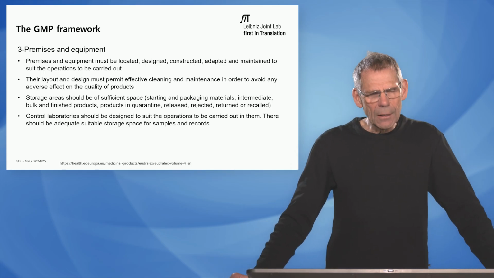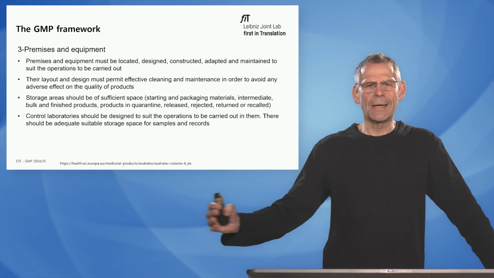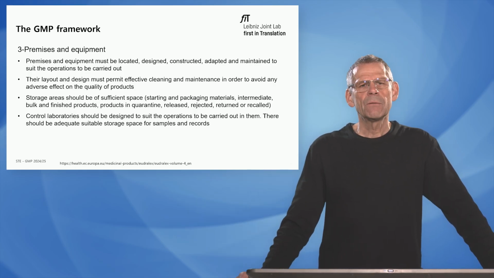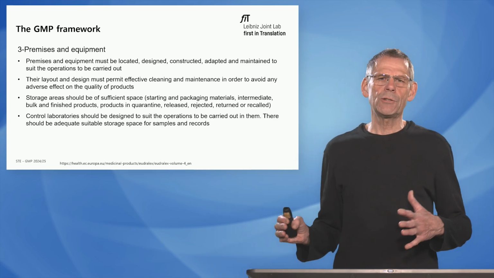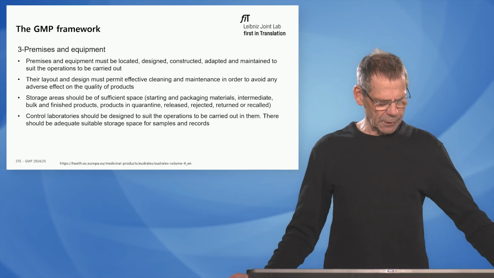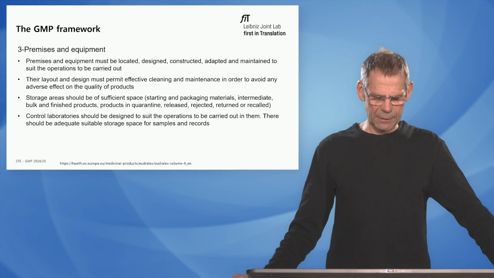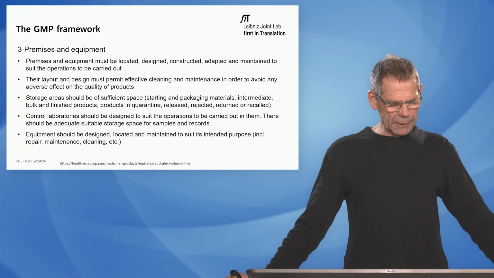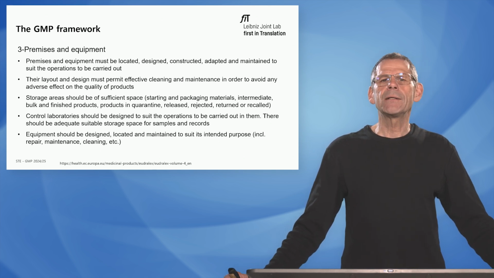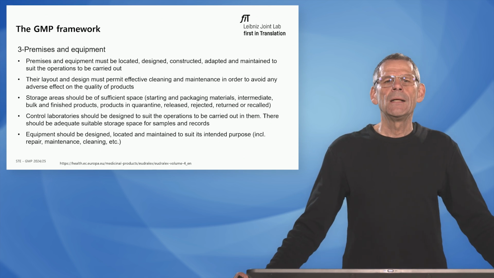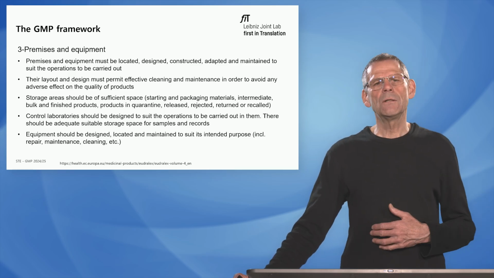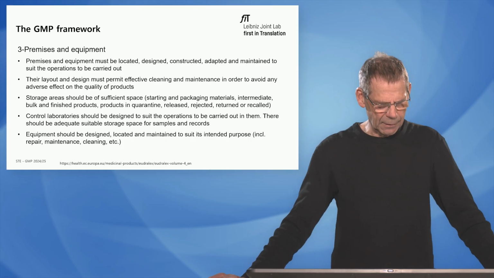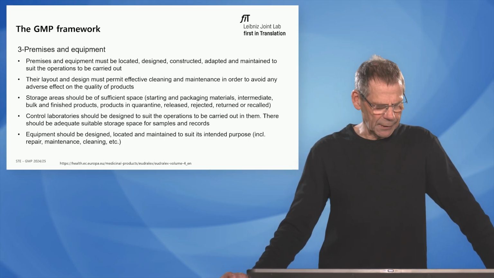There should be adequate storage space for samples or any records we keep on the samples. So the manufacturing itself needs to be supported by a good quality assurance laboratory space very close by. And then we talk about equipment that should be designed, located and maintained to suit the intended purpose. This also includes that we do repair, maintenance and cleaning of the equipment close by and continuously.